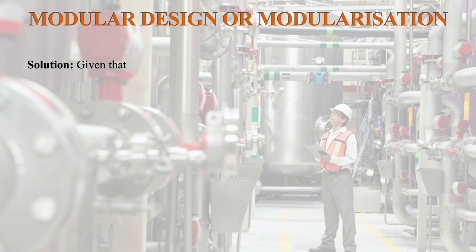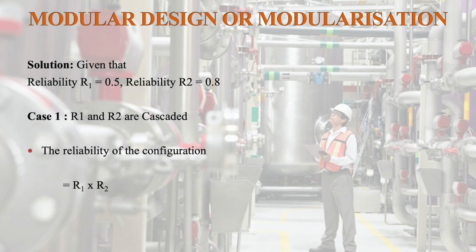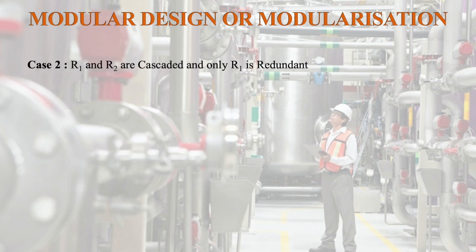Solution. Given that reliability R1 is equal to 0.5 and reliability R2 is equal to 0.8. In case 1, R1 and R2 are cascaded. The reliability of the configuration is R1 times R2, that is 0.8 times 0.5, which is equal to 0.4, the overall reliability. In case 2, R1 and R2 are cascaded and only R1 is redundant.